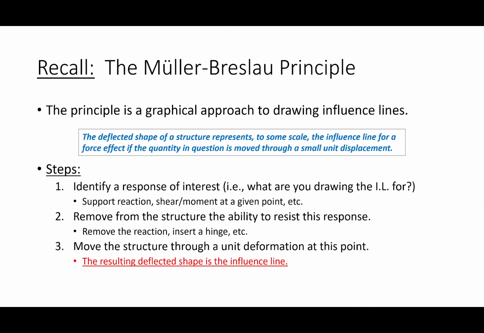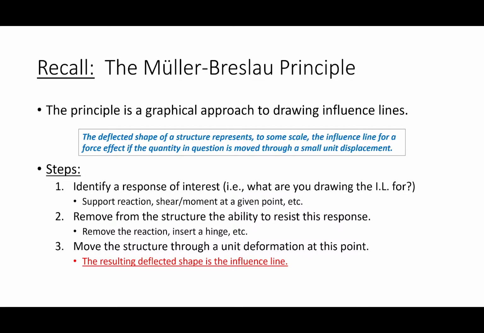The idea still remains that we are moving a load across the structure, recording a response at a point of interest. We are also still using the Mueller-Breslau principle to construct the influence lines.